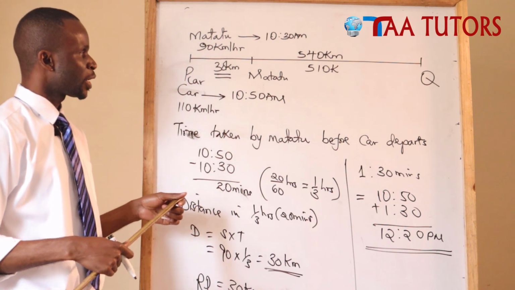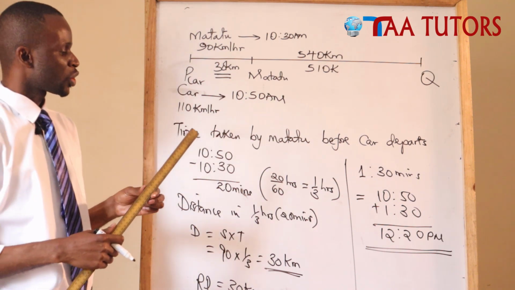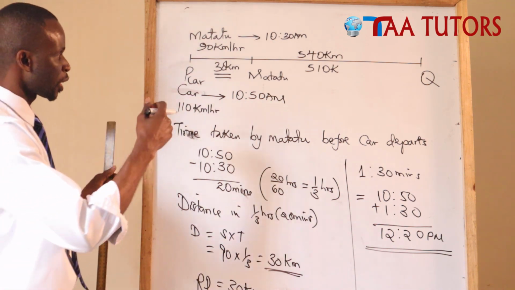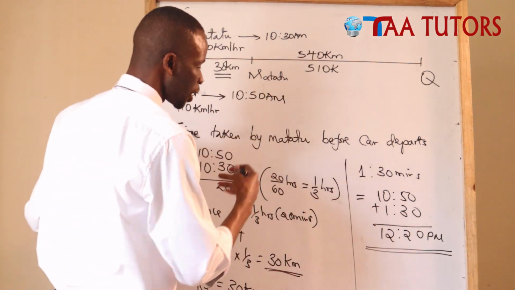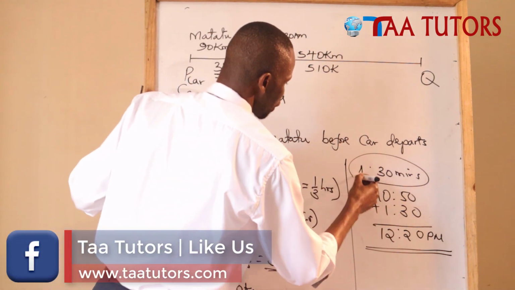If you are asked to find the distance from town P where they met up, the specific point from town P where the car caught up with the matatu, we are going to take the time taken for these bodies to move.